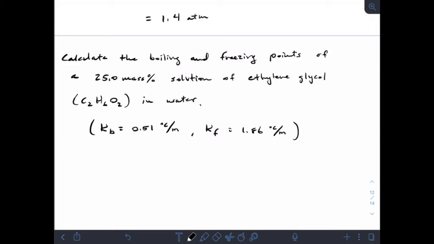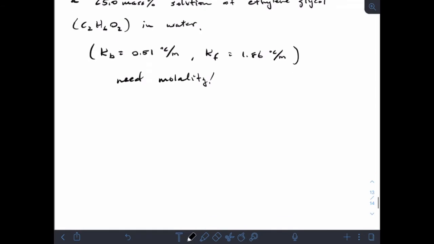Okay, so it should be hopefully glaringly obvious at this point in time, the piece that we're missing is the molality.